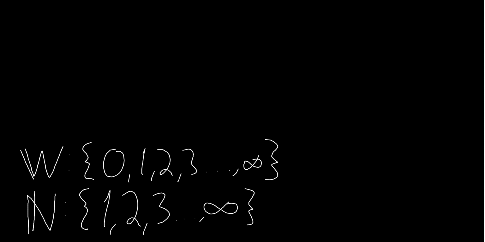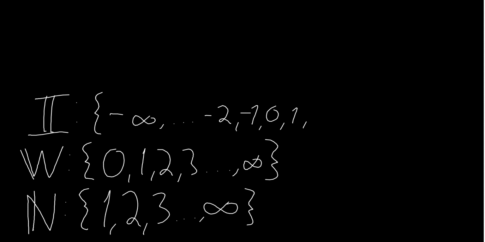And then next we had the integers, which included the negative numbers. Negative 2, negative 1, 0, 1, 2, dot, dot, dot, infinity.